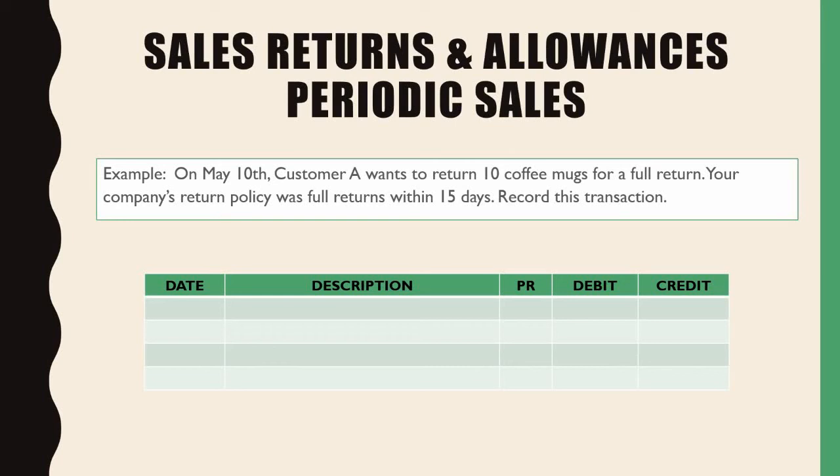That's exactly correct. In this case, we are looking at sales returns and allowances. We talked about how a return and allowance are the same thing, and we'll talk about allowances right after this example. So here is a return for a full refund. So you're going to recognize sales returns and allowances. Good.